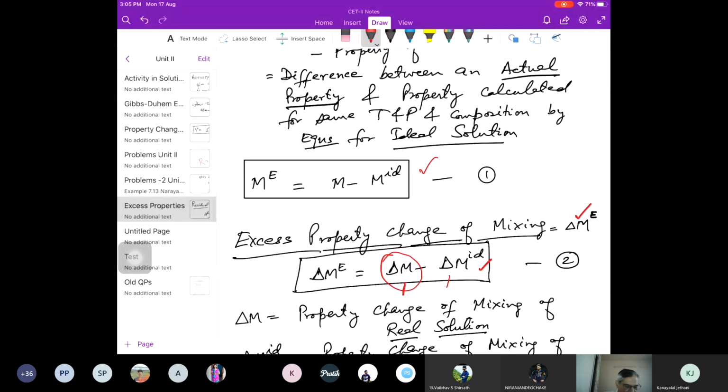So these two are actually the same. That's what we defined. Proved. Okay.